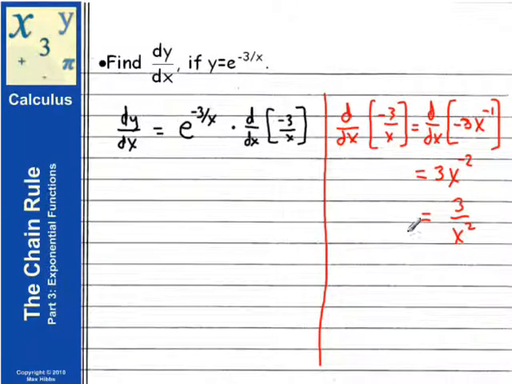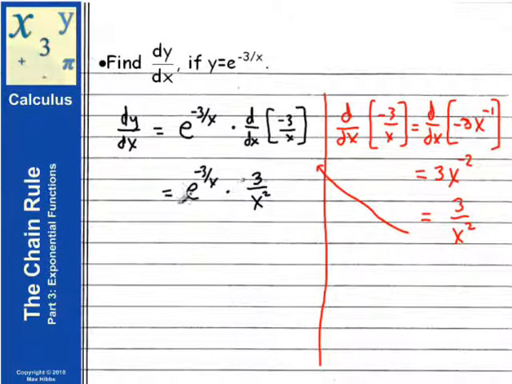And so now we're going to replace this derivative with the result that we had here. Let's come back to do that. So now we have e to the power negative 3 divided by x times the resulting derivative of the power itself, which was 3 divided by x squared.